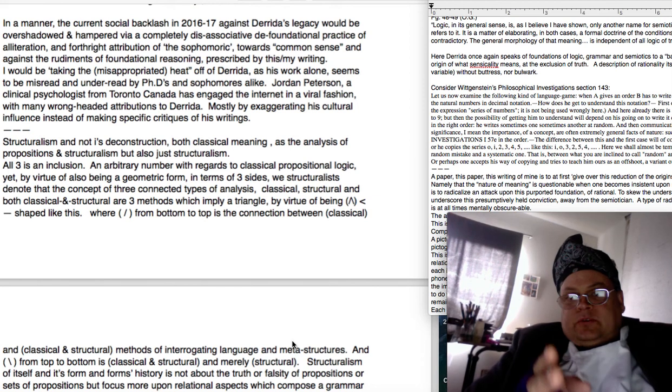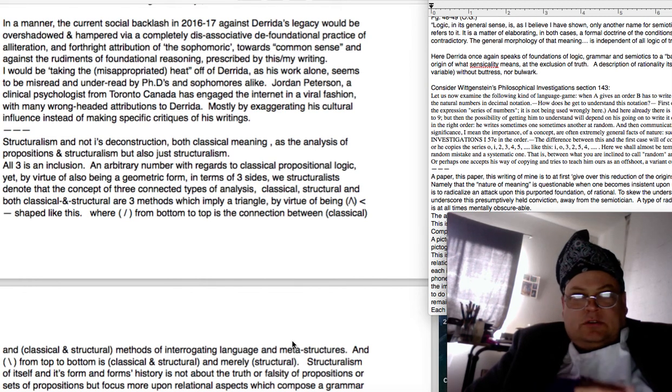And on a side note, I'm going to break and just speak freely on this. Jordan B. Peterson has made generalizations about Derrida's logocentrism. He's made generalizations about what Derrida's economic preferences are.